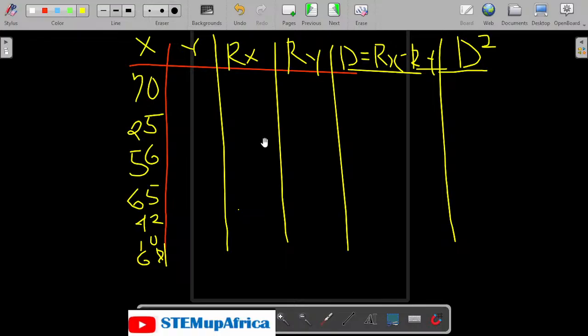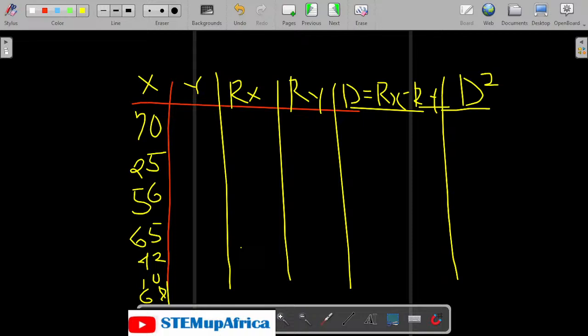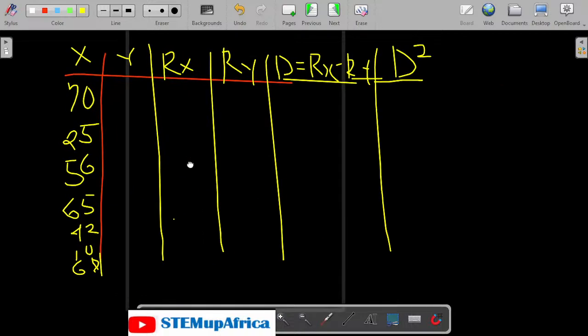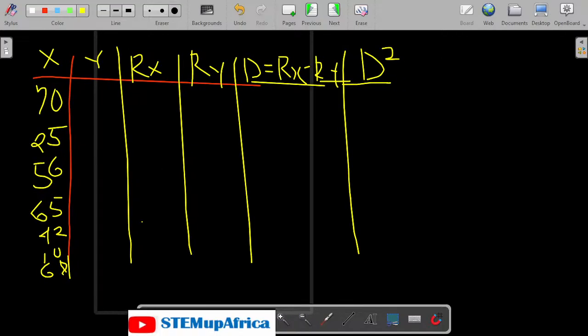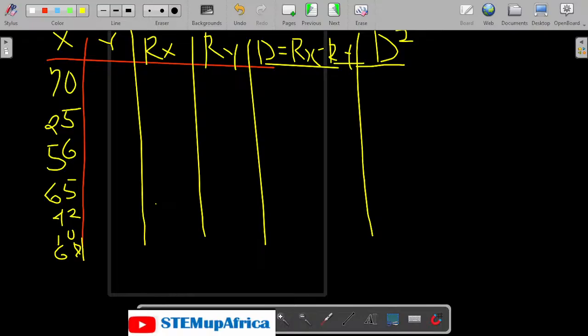Okay, so we're going to have, trying to adjust it so that I can fill in the remaining number. Then we have 80, 50, then 45.